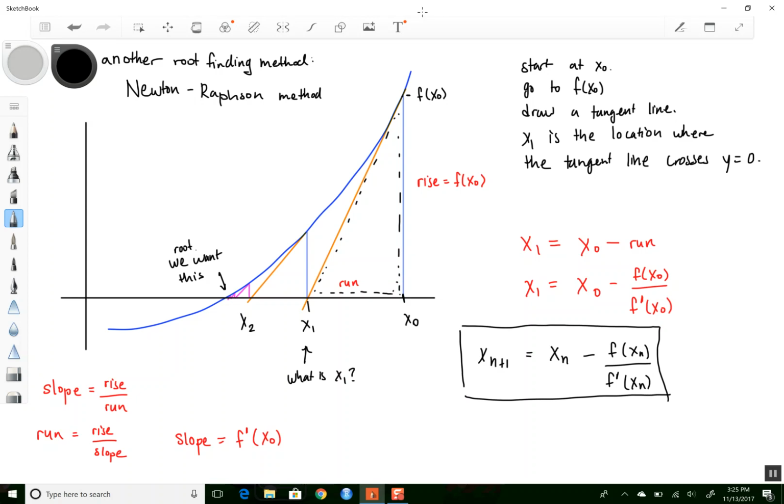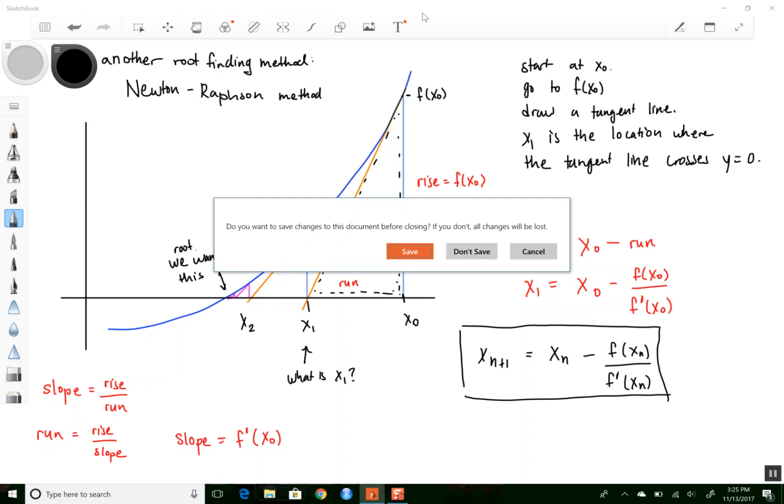Okay, should we write some pseudocode for this also? We're going to need to write a function that returns both f and f prime of a certain value x.